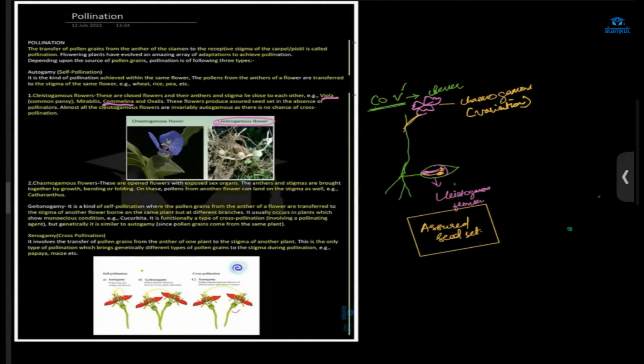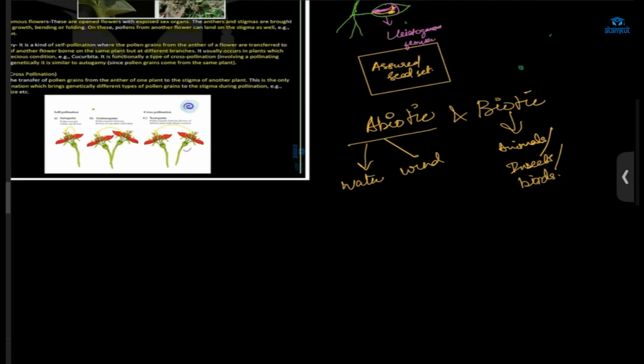Pollination happens by abiotic and biotic factors. In the abiotic we have water and wind as pollinators. And in the biotic case, we have different kinds of animals, insects, birds, even us.